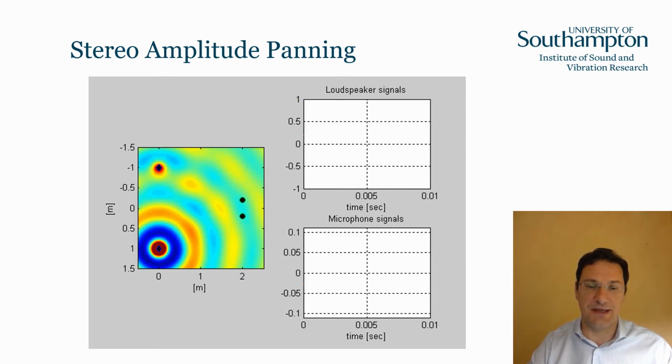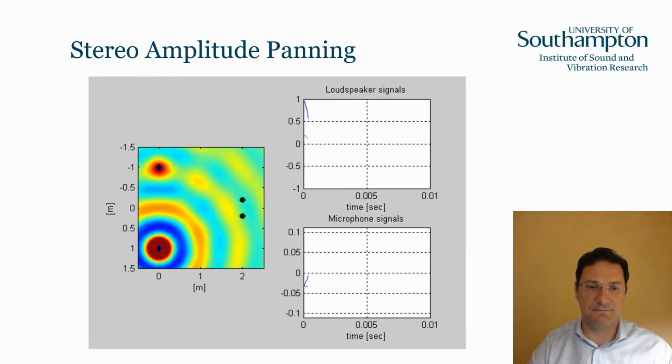We are using a shadowless head model, so there is going to be no interaural level difference. On the right-hand side, we see the signals driving the loudspeakers as a function of time, and below, the signals captured by the microphones. Let's play back.